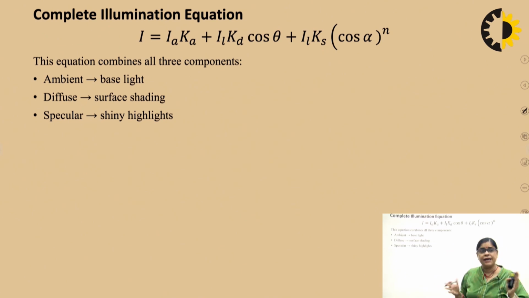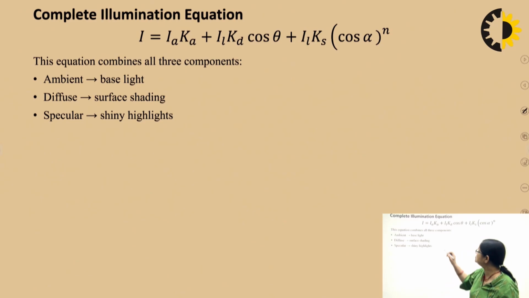Now, again, in the illumination model, you have seen that when we are combining the ambient, specular and the diffuse, we are finding out the illumination model. So, when we are combining all these three components, we are able to find out the illumination equation.